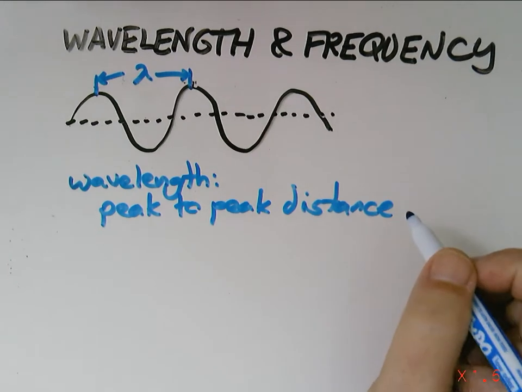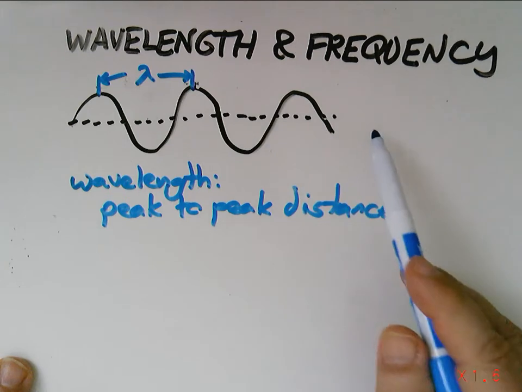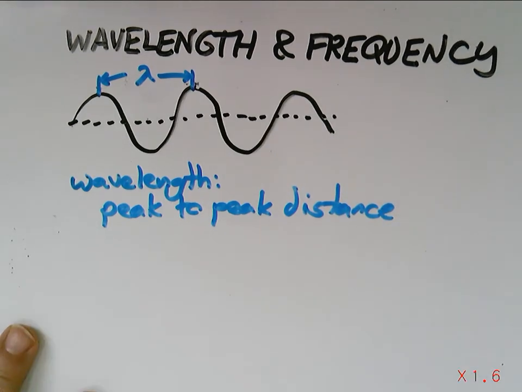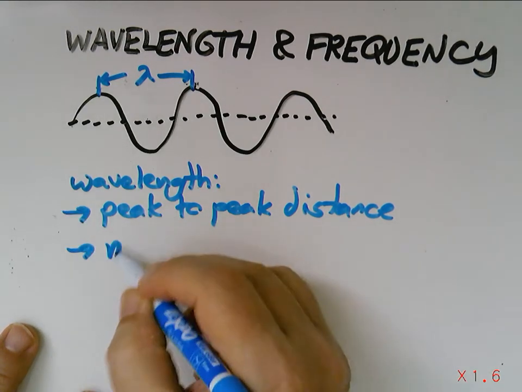So it's going to have the same units the distance has. If you look at the wave, this is the distance that it's propagating along. So the SI units of wavelength would be meters.